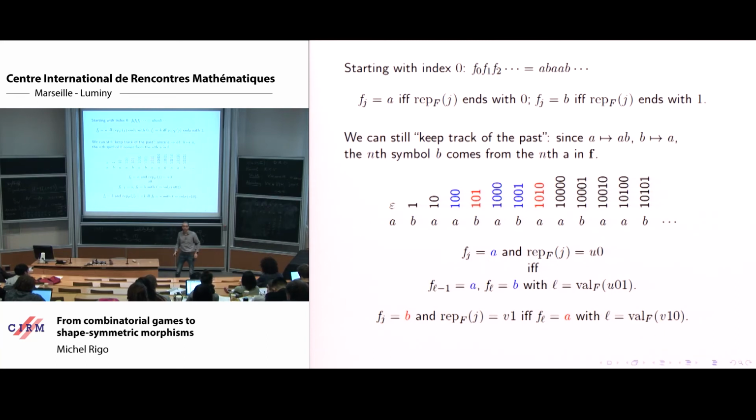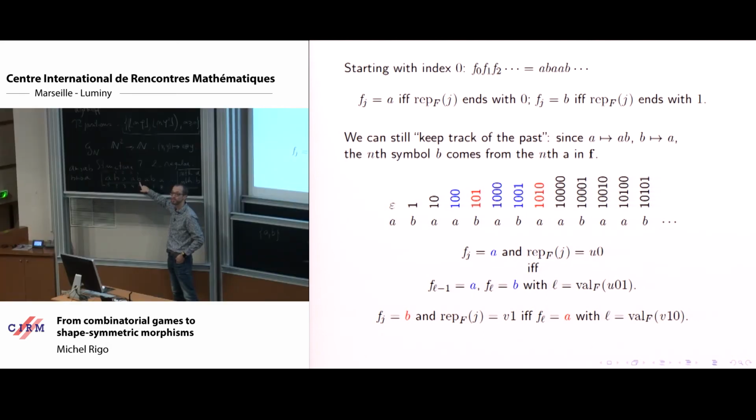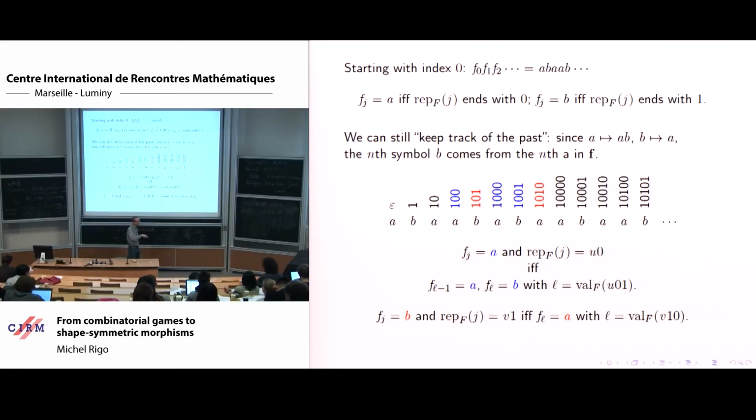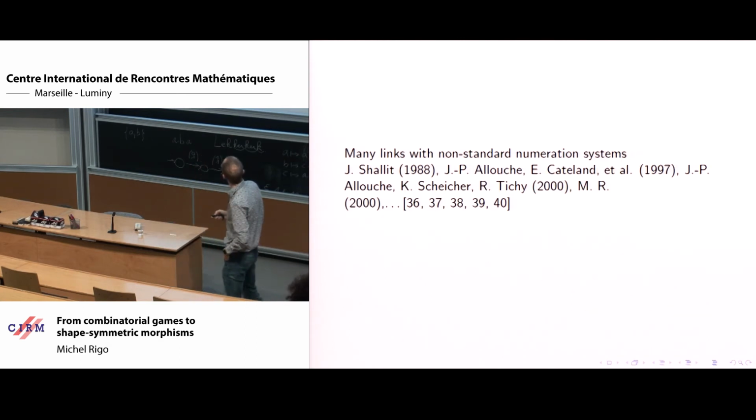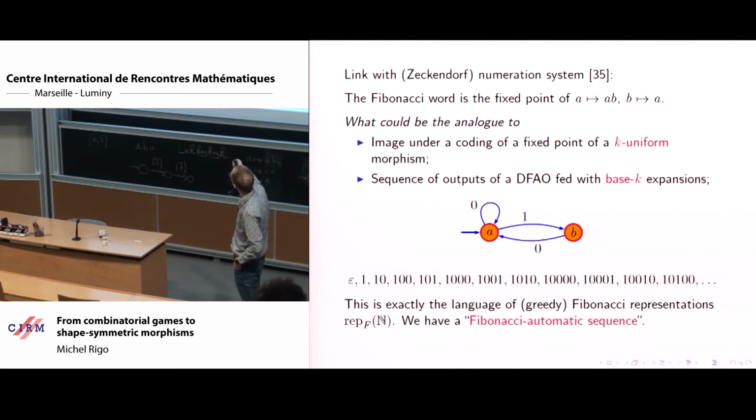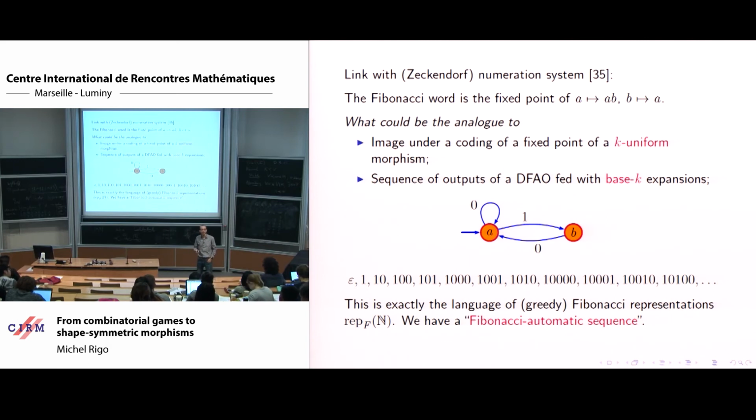And so now you can tell me, in the Fibonacci world, how do you know if there is an A or a B? I mean, can you tell me in position n, is it an A or a B? Well, it's a difficult question, maybe. You're feeling hungry, maybe. But from the automaton, you are feeding the automaton with the Fibonacci expansion.